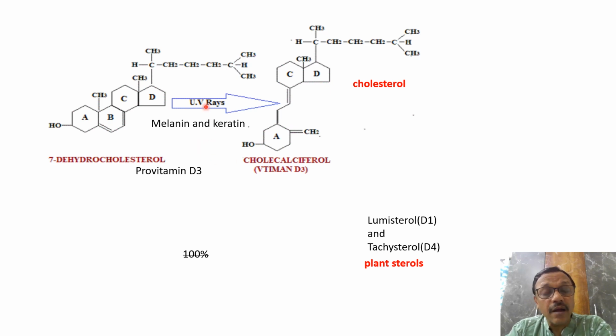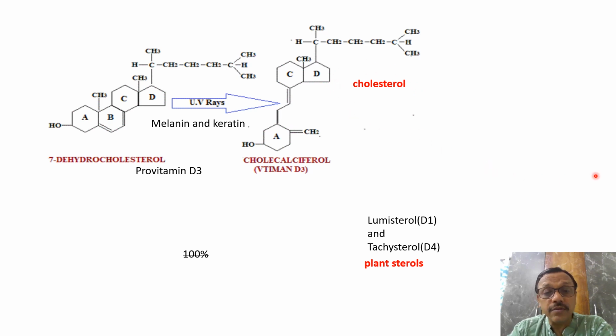Now as I've already said, the melanin and keratin pigment which are present in more amount in dark skin people affect the formation of vitamin D3, and these people who are dark skinned tend to form less amount of vitamin D3. Now vitamin D3 is obtained as a derivative of cholesterol molecules.